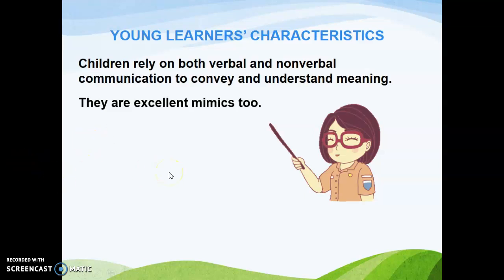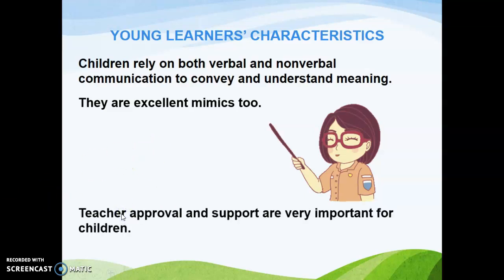Remember that children are excellent mimics too, so all the things they see you doing, they are going to replicate later. And keep in mind that teacher approval and support are really important for these children. You are the authority figure in class, but you are also the one giving the example at all times.